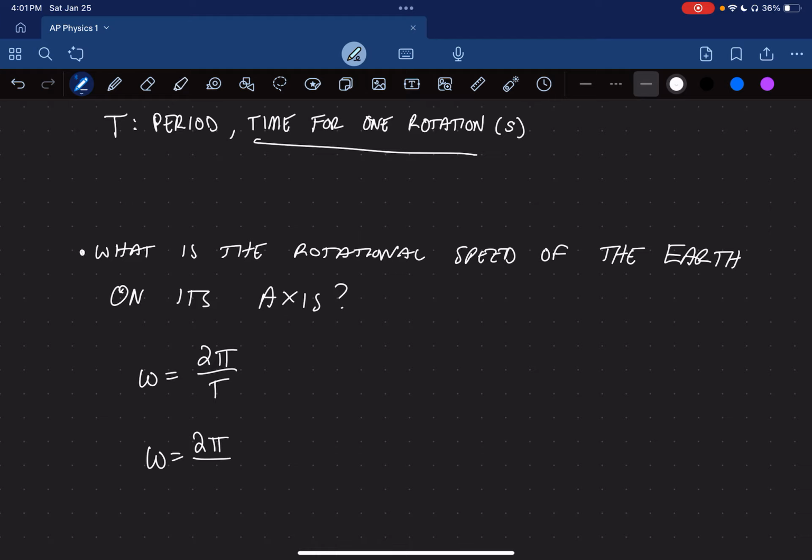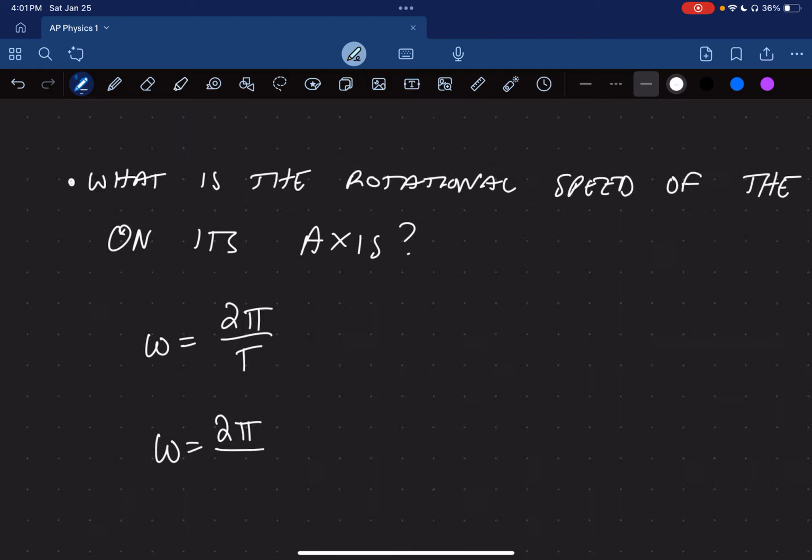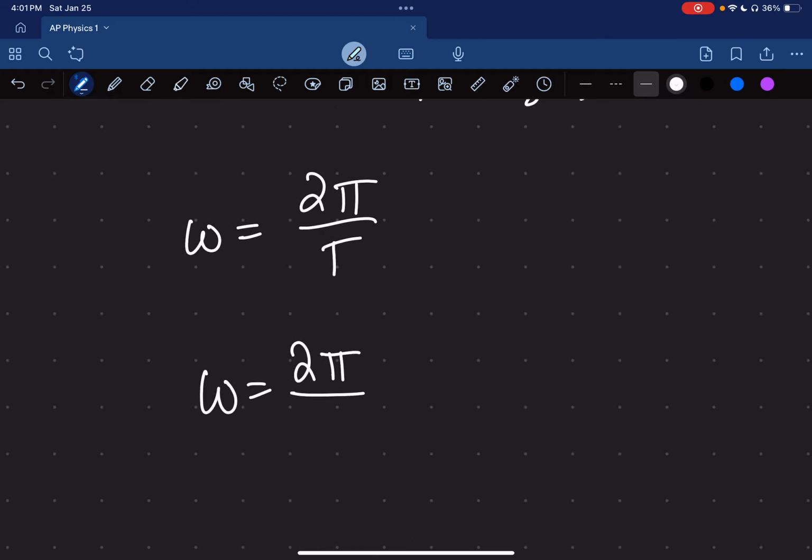Remember, this is in seconds. So it takes 1 day, but how many seconds are in 1 day? Well, 1 day is 24 hours. Each hour is 60 minutes, and each minute is 60 seconds. So it's 24 times 60 times 60.